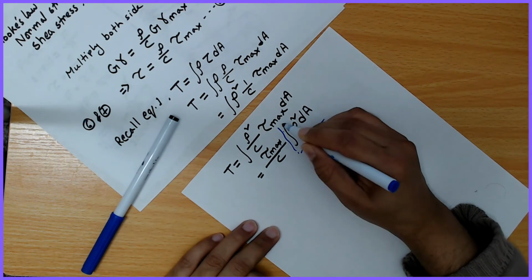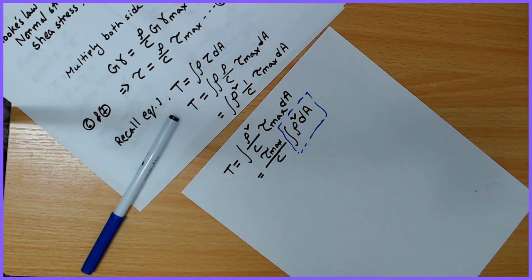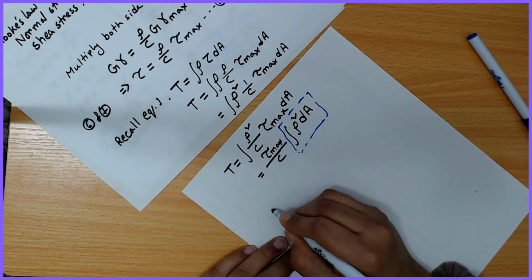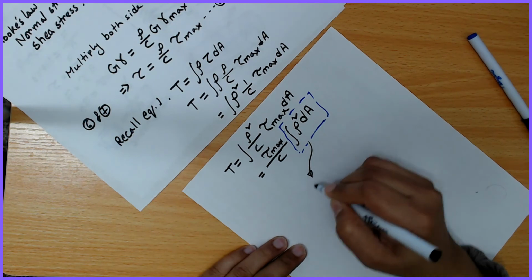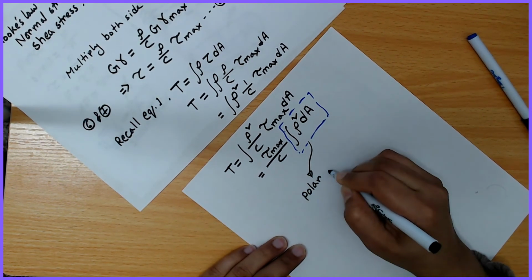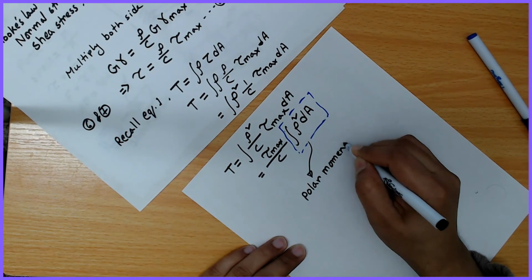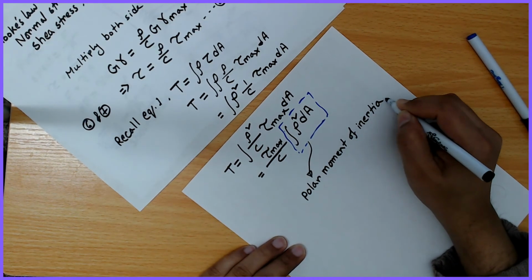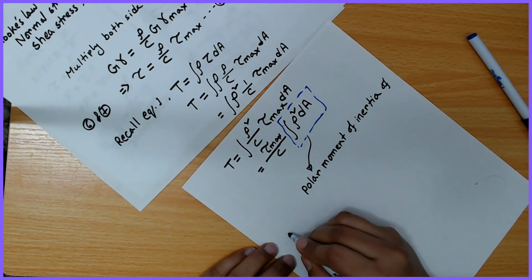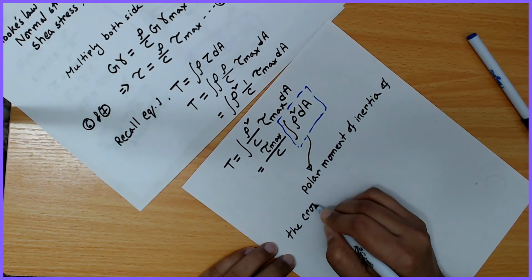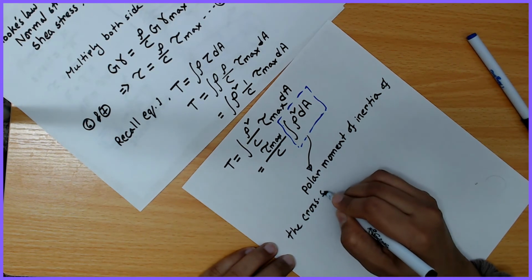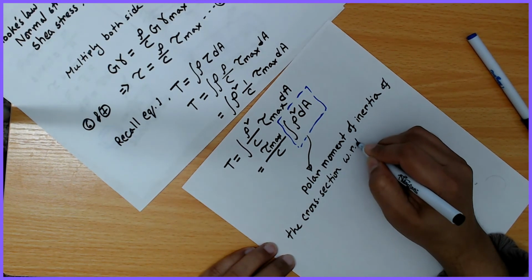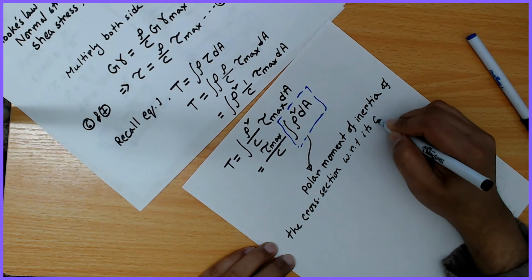This particular integral is the polar moment of inertia of the cross section with respect to its center.